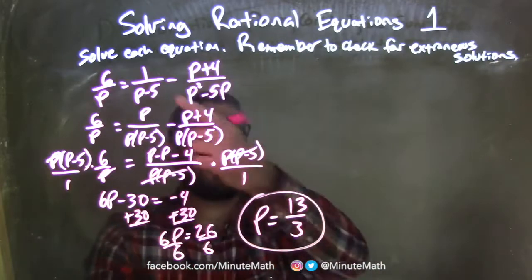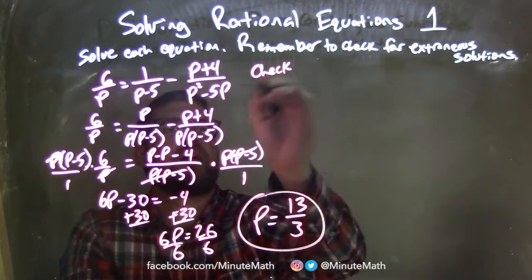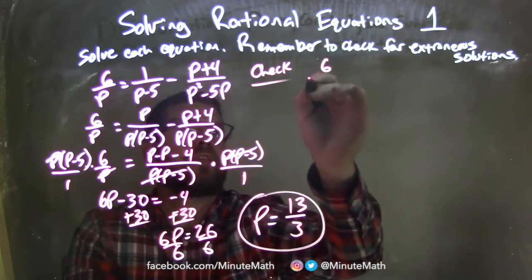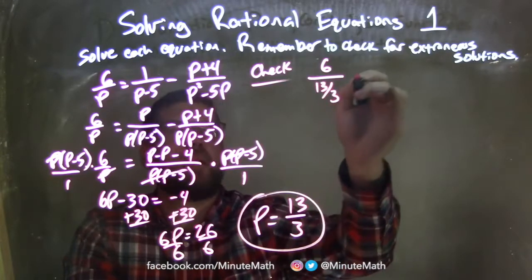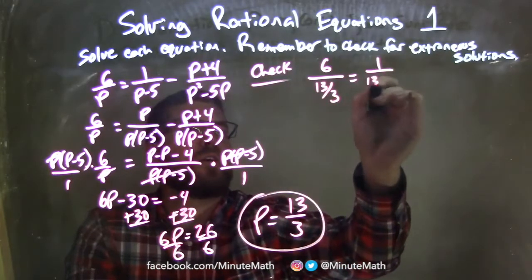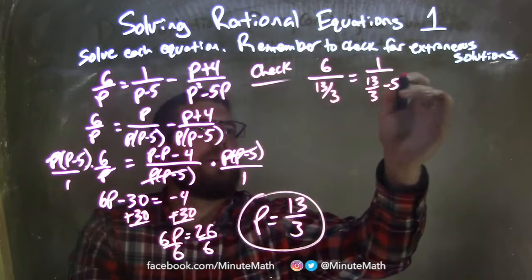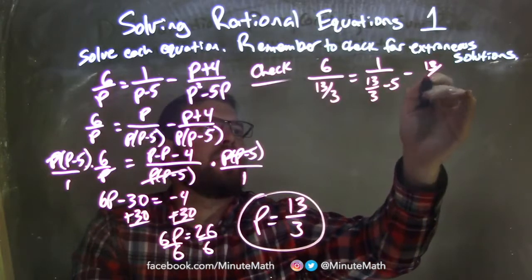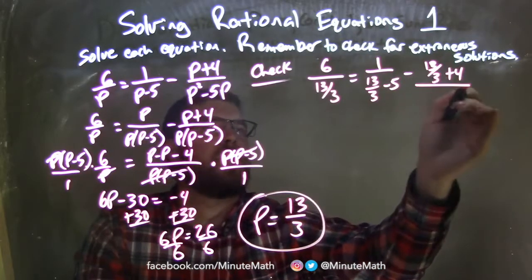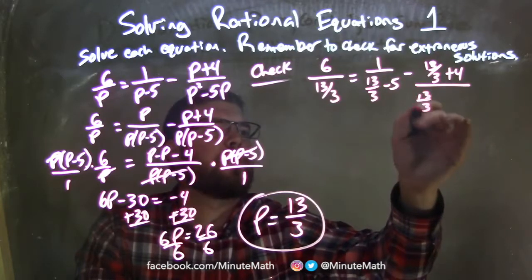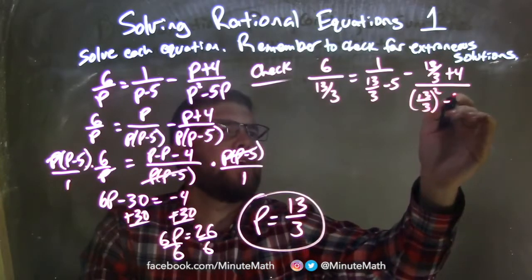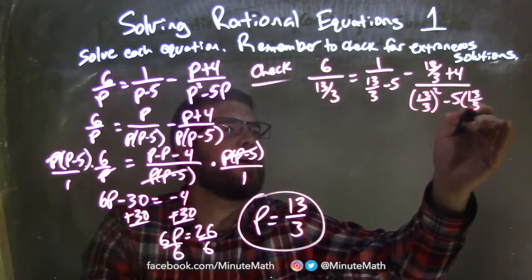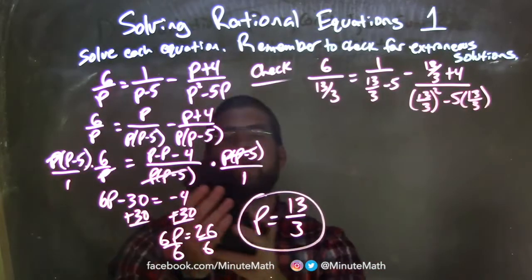So I'm going to rewrite my equation right here, check, with 13 over 3 in for p. So I have 6 over 13 over 3 equals 1 over 13 over 3 minus 5 minus 13 over 3 plus 4 over 13 over 3 squared minus 5 times 13 over 3. So what I'm going to do is use my calculator to help me out here.